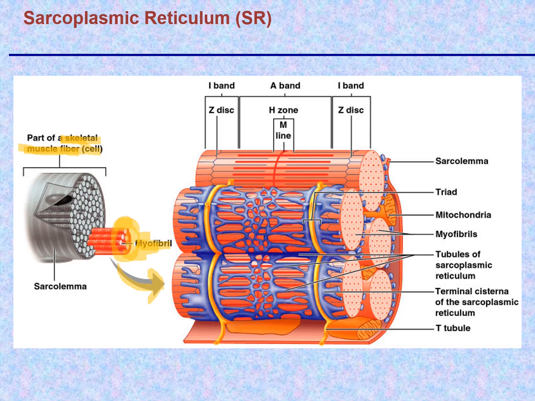And the sarcomere, remember, goes from Z disc to Z disc, and is made up of an A band and half of the I band, right? And the M line, of course, is right down the middle of the sarcomere. The T-tubules are shown here in yellow, and they're running down from the exterior of the cell.